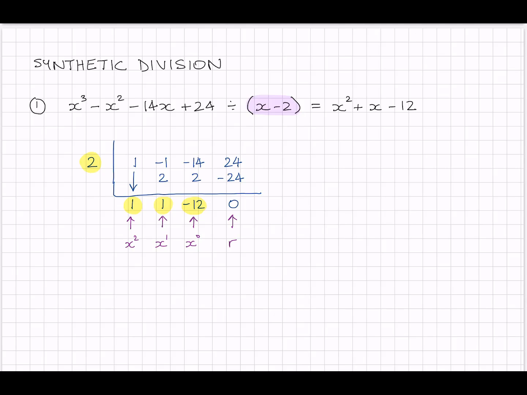So taking that, we would know that the result of this division will be 1x squared plus 1 of x minus 12 with no remainder. And notice that is the same result as what the long division process gave us. So that's the mechanics of the process.